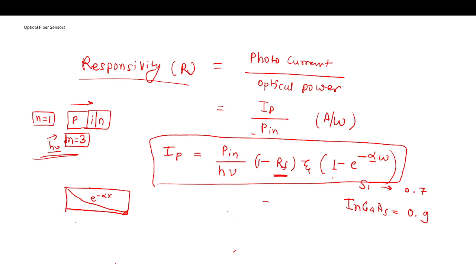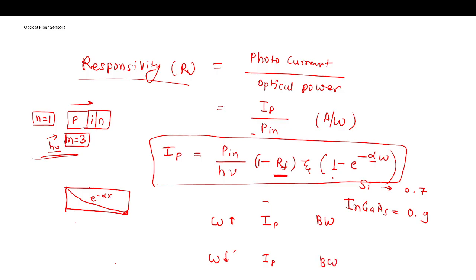There is one question here, because again the width is coming. Please tell me, if you are increasing the width and decreasing the width, what will be the effect on the photocurrent and the bandwidth of the photodiode?